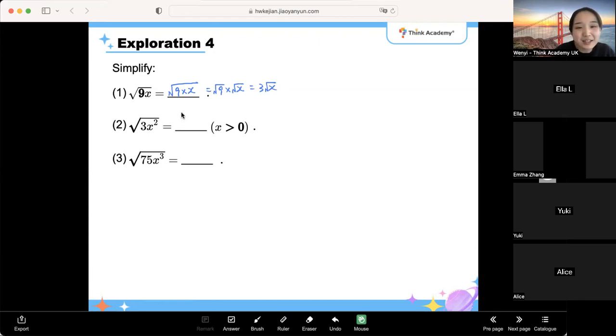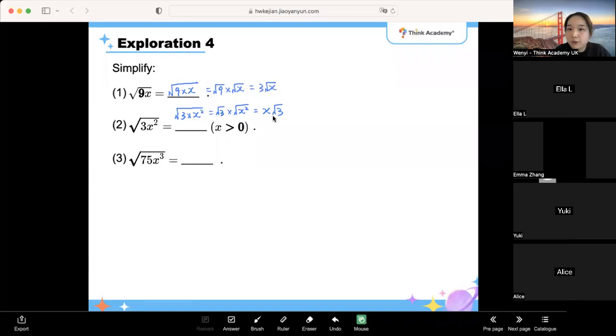Yes, and we can do it step by step. We have root 3 times x squared, and then we split this bigger root into root 3 times root x squared, and we can write it as x root 3.